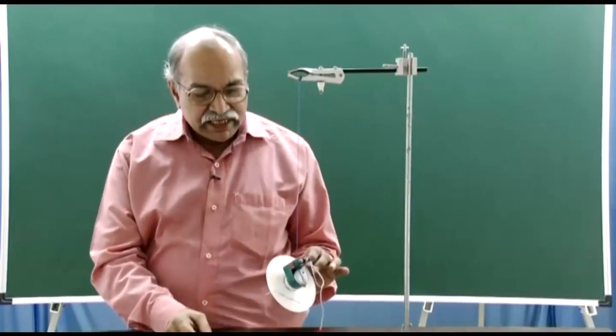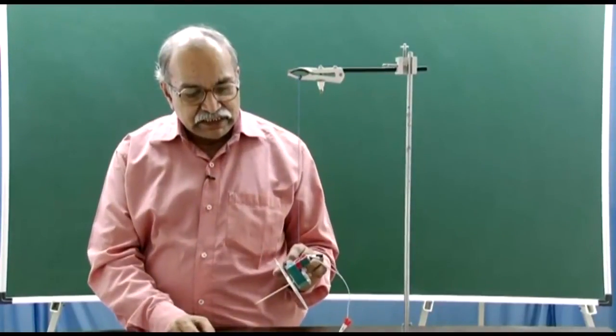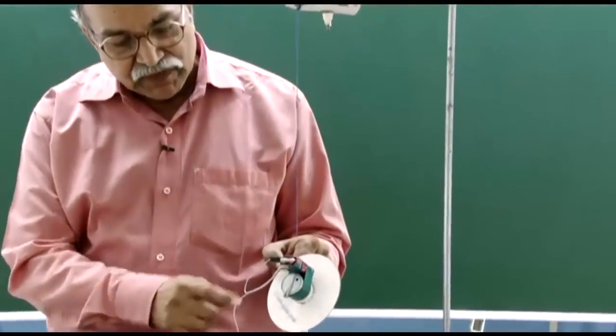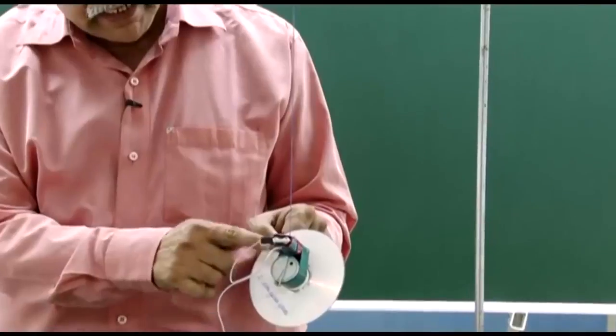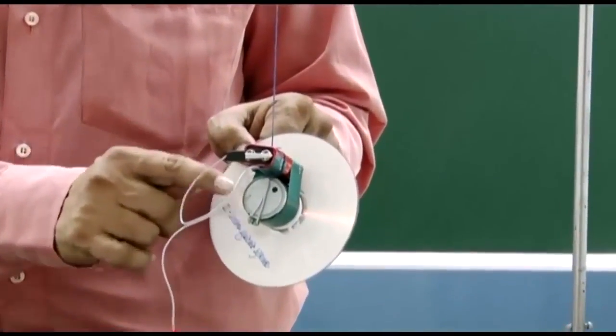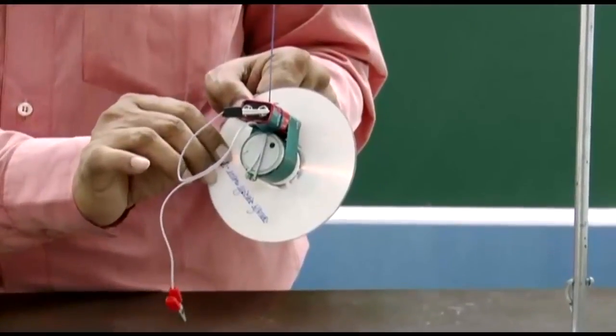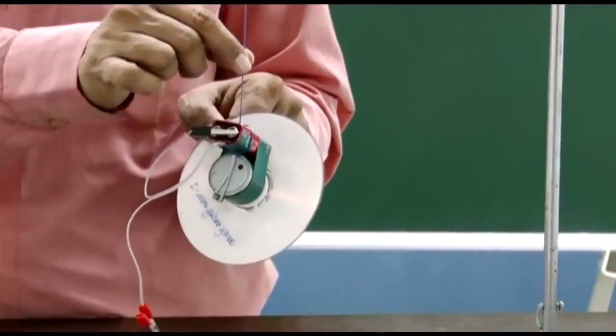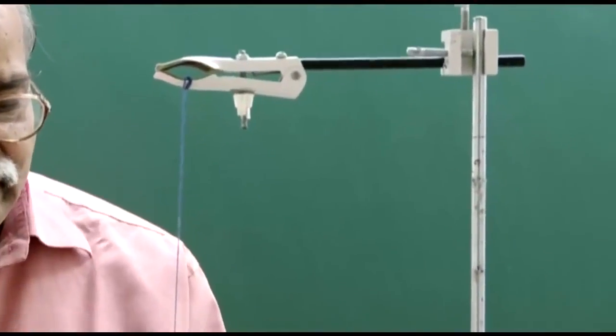In this I have taken a used CD, and on that CD I have fixed a motor here and a battery here. Motor and battery are all fixed with the CD, and this entire setup is hanging through this thread from some support. So, that is the setup.